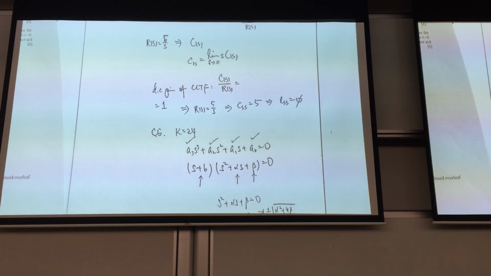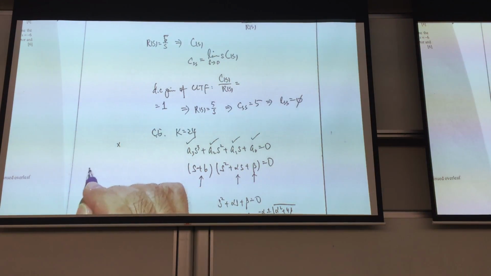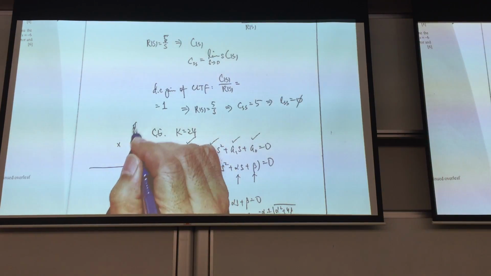So the moment you have this, it is equal to minus zeta omega n plus minus j omega n square root of 1 minus zeta squared. So it depends on the dominant closed loop poles. Okay, so this is the dominant closed loop pole.